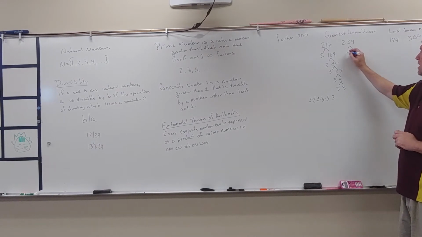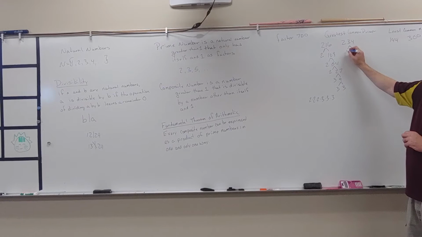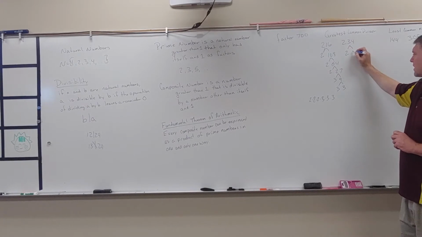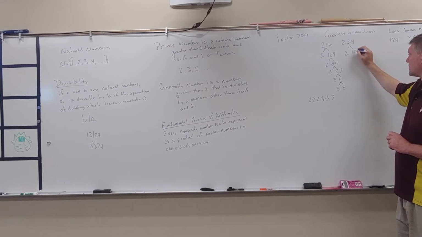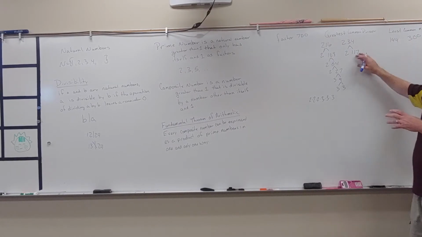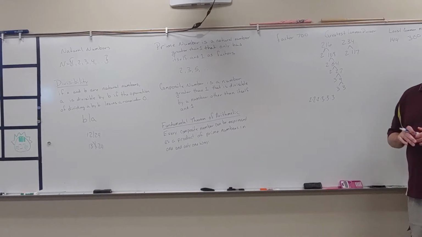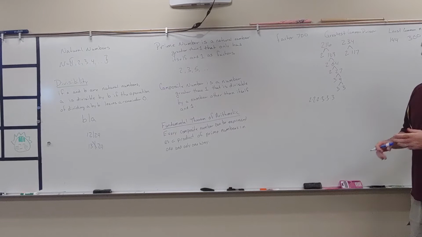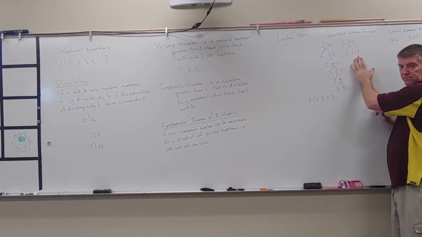I notice it's an even number, so I'm going to go ahead and divide that by 2, and that gives me 117. Okay, so now I'm going to divide that. This is not even, so I'm going to divide that by something else. I notice that this is divisible by 3.